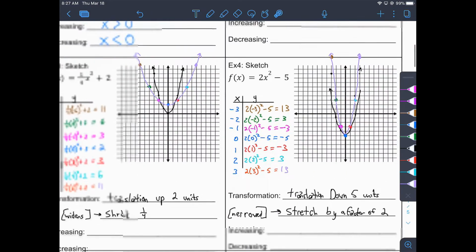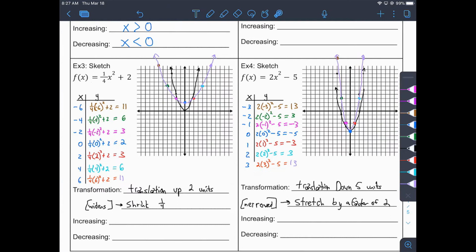All right, so highlights on this one. We still know that the c value moves it up or down. If it's a positive, it goes up. If it's a negative, it goes down. We also remind ourselves from 8.1 that based on what the a value is, it can widen if it's a fraction that has the bottom greater than the top. Or it can narrow. By the way, this was called a shrink because it widened.